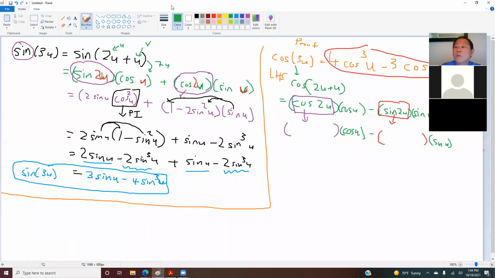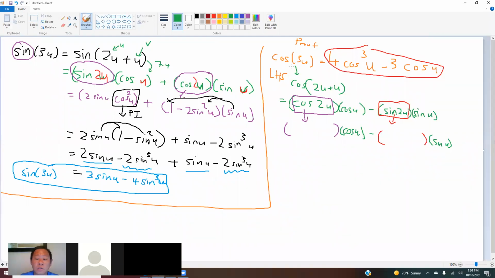All right, so we'll talk about how we got cosine 3u. Cosine 3u is cosine of 2u plus u, because that's where you get the 3u from. Using 7.4, this is cosine 2u times cosine u minus sine 2u times sine u. The 2u is the one where you can use the double angle formula.